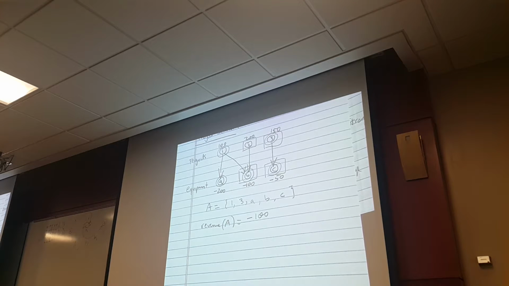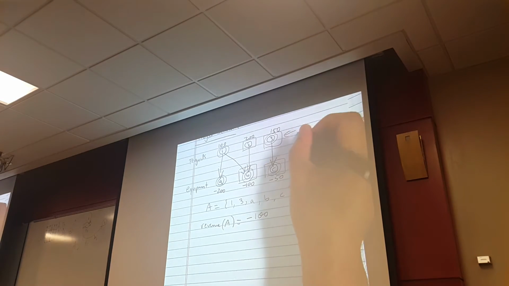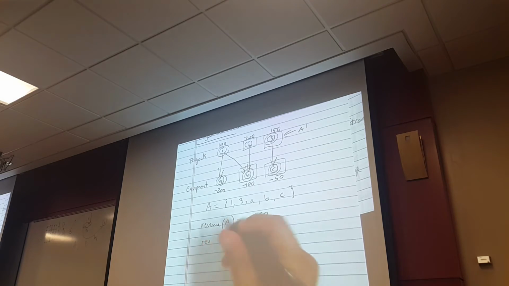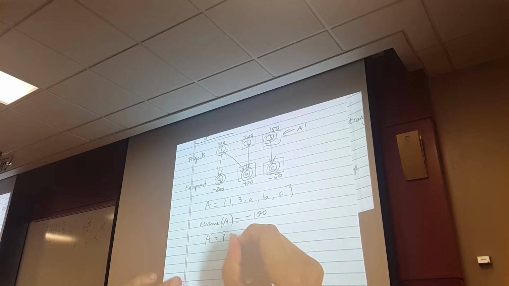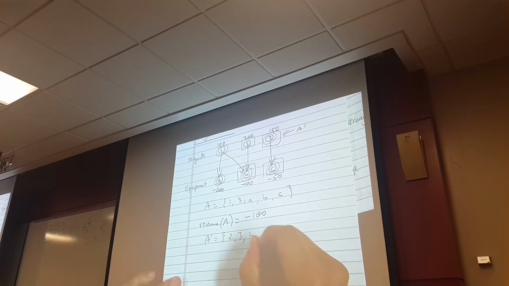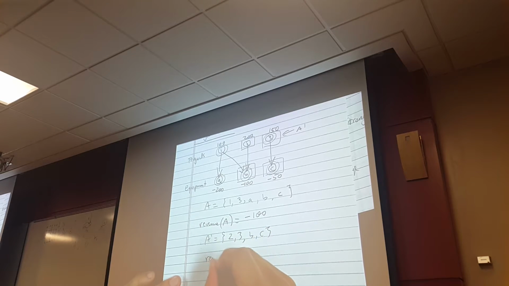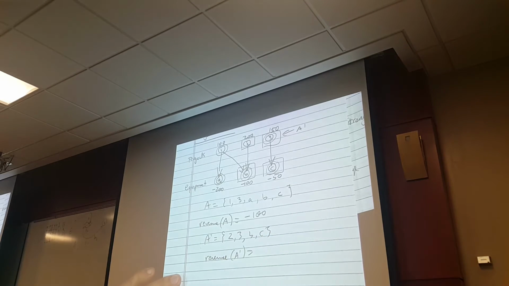You're going to spend 150, and you're going to make $200. So if I let A prime equal 2, 3, B, C, then the revenue of A prime is 200.